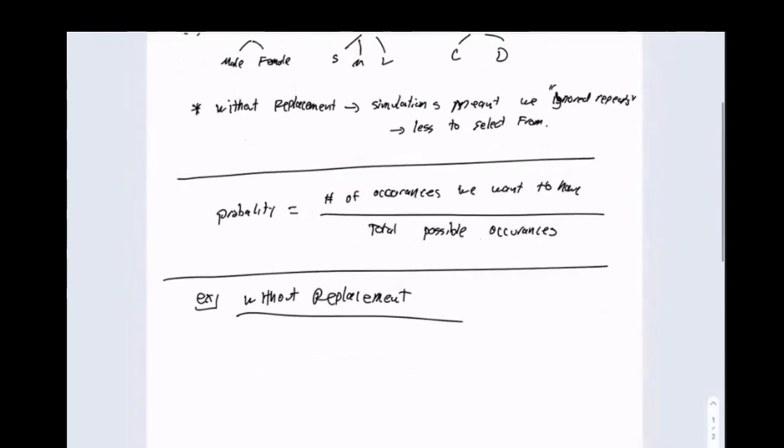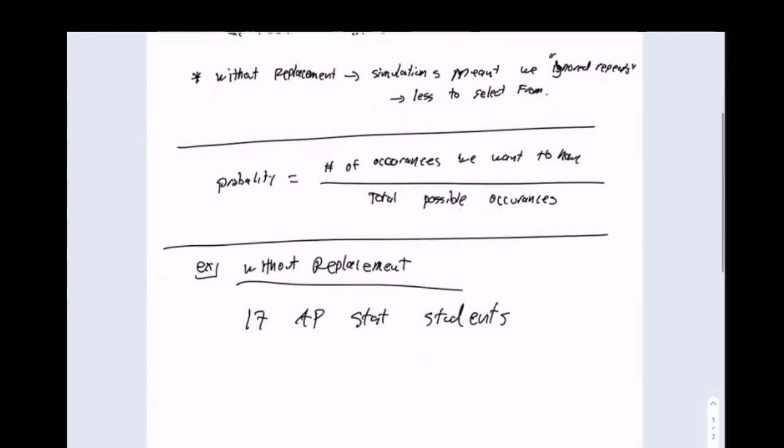Now, let's say in this example, I have 22 AP Stat students. Well, actually, let's go 17 AP Stat students. So that's my population. That's my who. Of these 17, I have 11 females and 6 males.